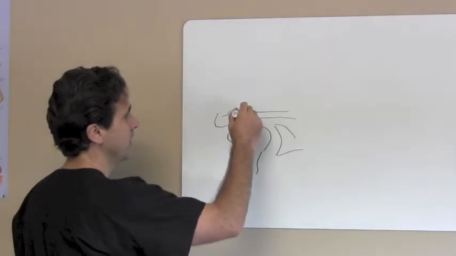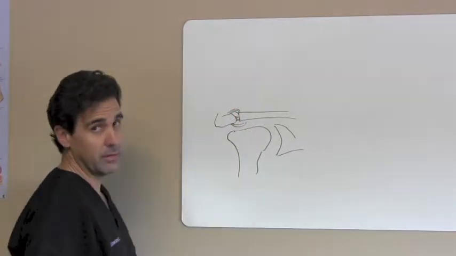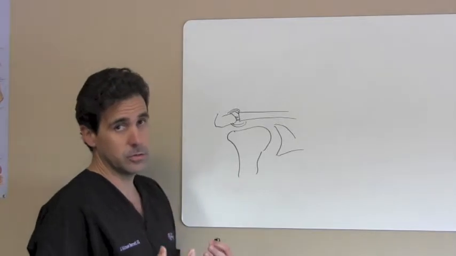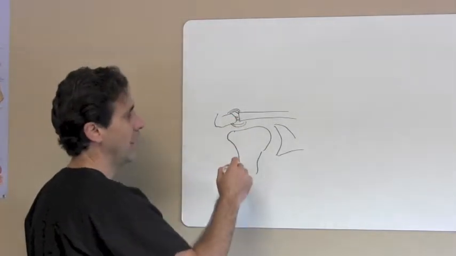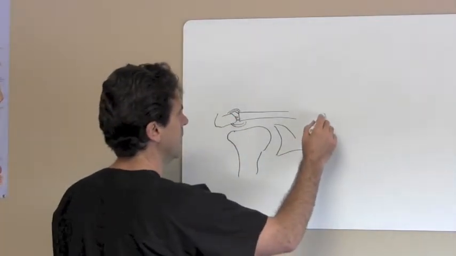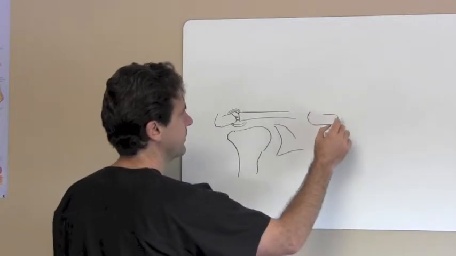So what happens typically is you'll get a separation of the AC joint. So they say a shoulder separation. So that means that this joint widens a little bit. So you've got this right here.